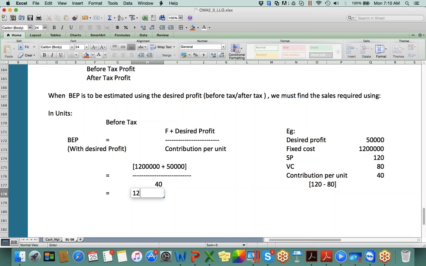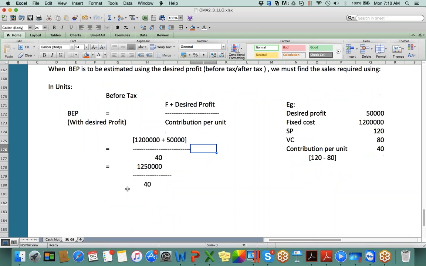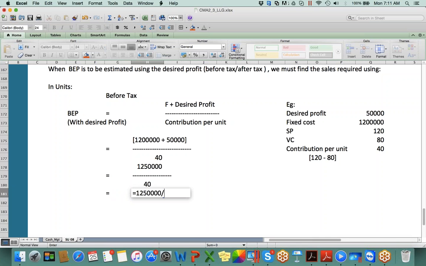Now 1,250,000 divided by $40. How much is that? 1,250,000 divided by 40,000?